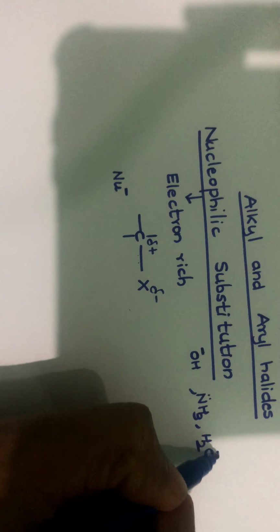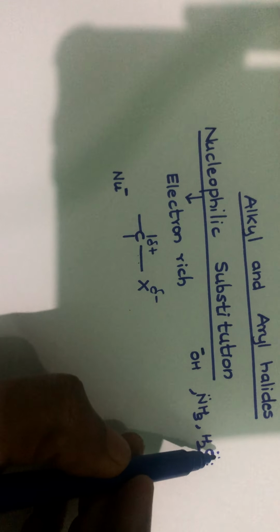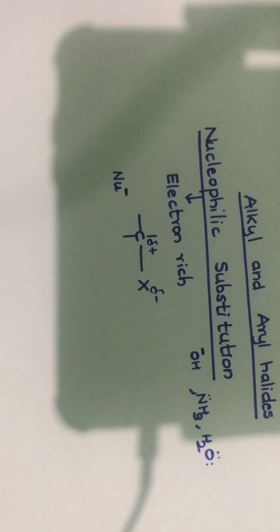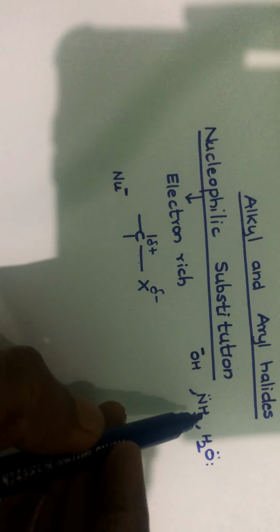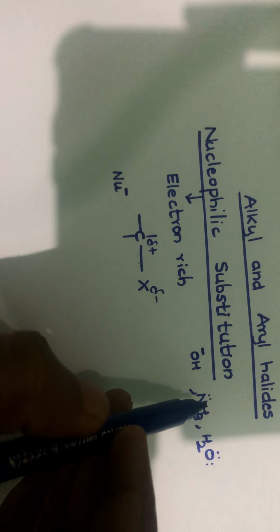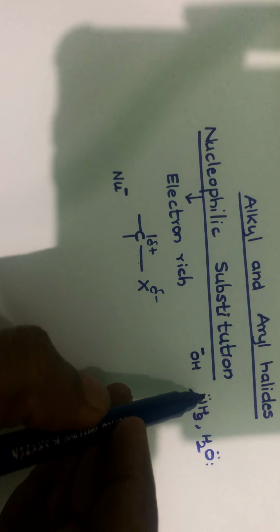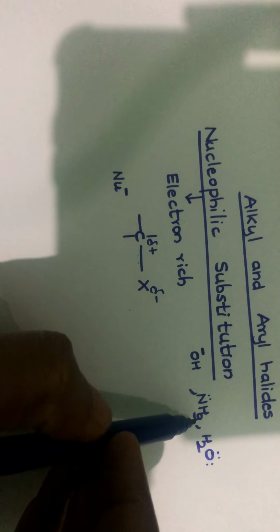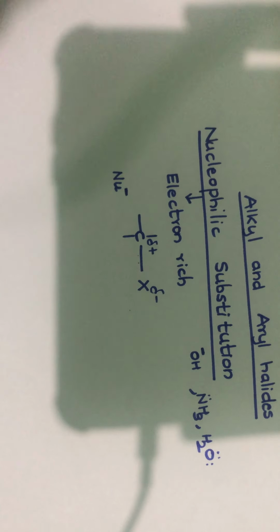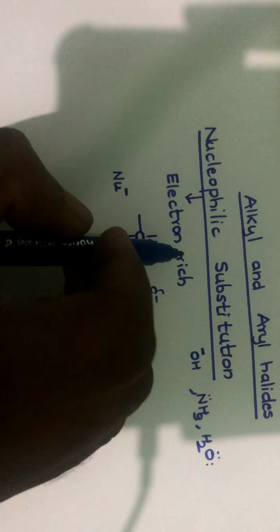Even water is a nucleophile because it contains lone pairs of electrons. So a nucleophile may be negatively charged or neutral. If it is neutral, it should contain an unshared pair of electrons. So nitrogen containing compounds generally behave as nucleophiles. The only condition is that it should be an electron rich center.